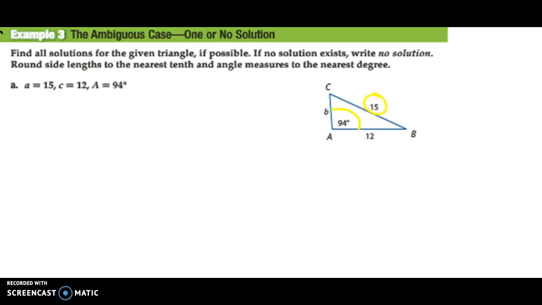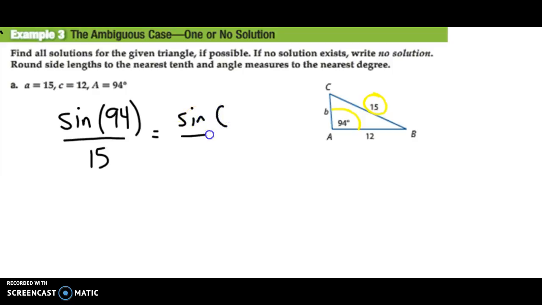Okay, so we could say sine of 94 over 15 is equal to, and I can use that to find angle C real quick. So that would be sine of C over 12.